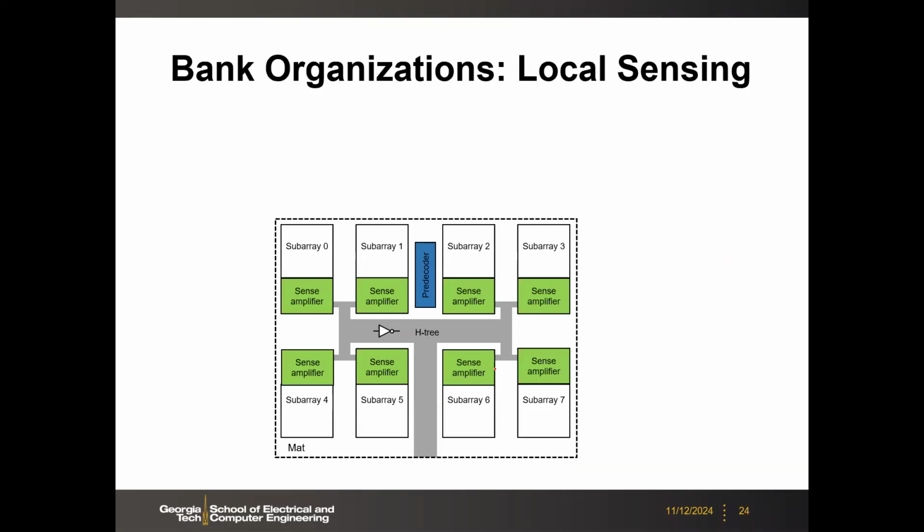So here then we talk about the data bus, okay? A typical routing for the data bus is this H-tree routing. It's like an H shape. So here you have the global bus, right? And then you are going to split that, and then further split. So it's like an H shape. In this case, we call it local sensing because each subarray will have its own set of sense amplifiers.